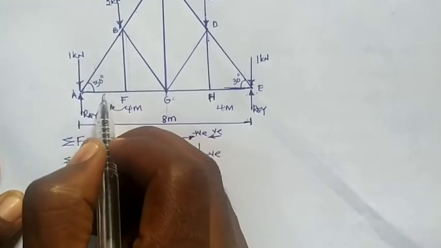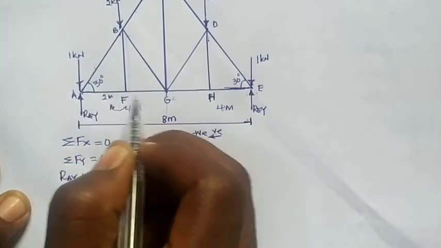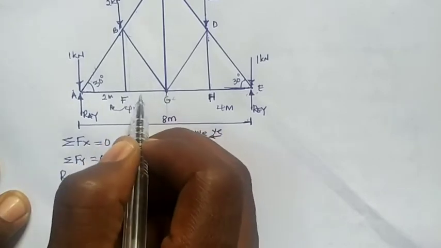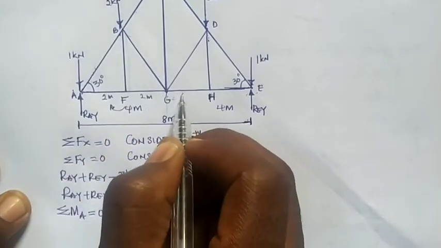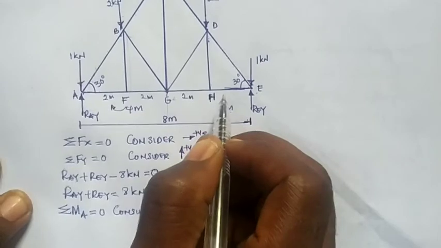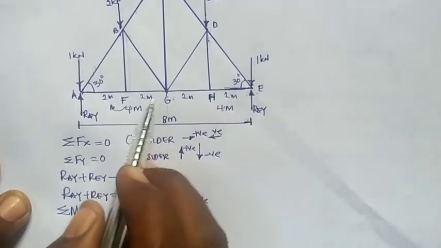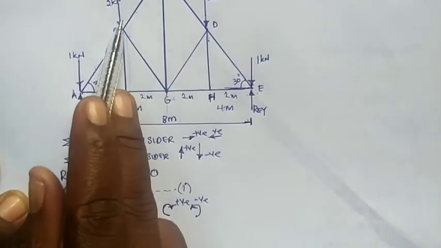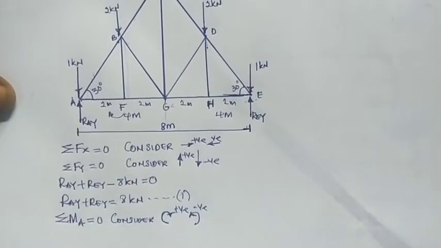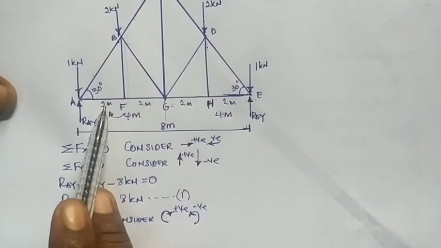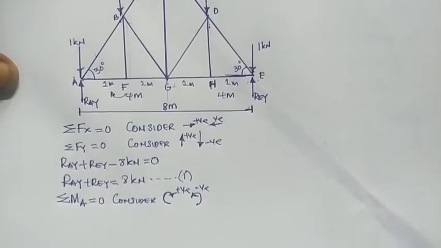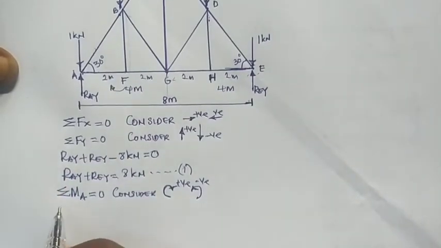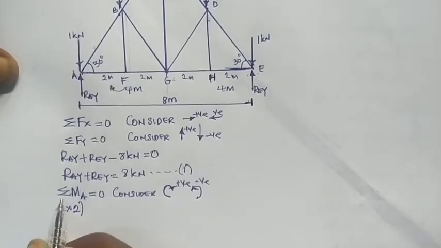So this point here will be 2 meters, and from F to G also will be 2 meters. Here will be 2 meters, and here also 2 meters. So if I'm taking moment from this point, this force coming down here will be 2 times the distance of 2, so we have 2 times 2 in brackets.